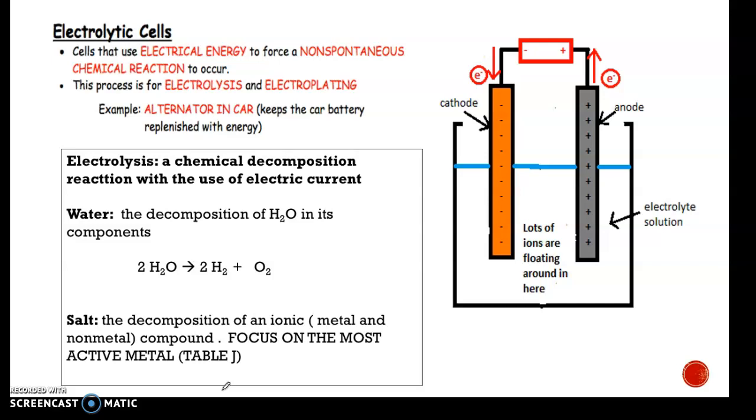For the outside source to power the reaction, you're always going to need a battery, which is right here. Now, electrolytic cells are used for multiple things. Those things are electrolysis and electroplating. Electroplating is the process of transferring color onto a weaker metal.